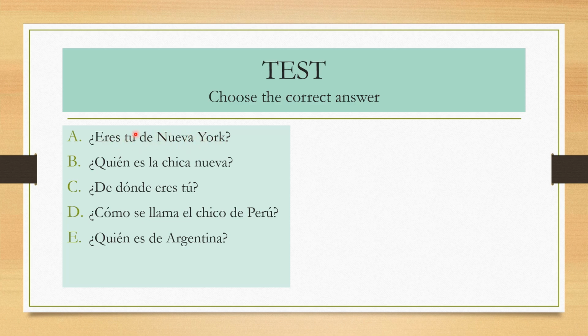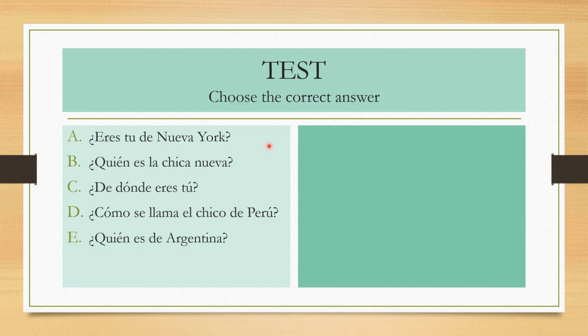By the way, they should have a tilde. You should have a tilde right here, an accent. I missed that. ¿Eres tú de Nueva York? Are you from, right? Okay, you're going to have to find a correct answer. So let's see. Let's read first these 5 questions. So, A, ¿eres tú de Nueva York? B, ¿quién es la chica nueva?